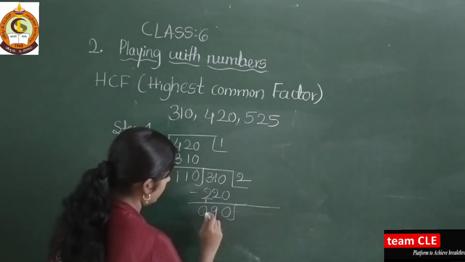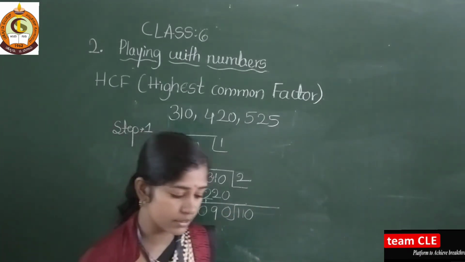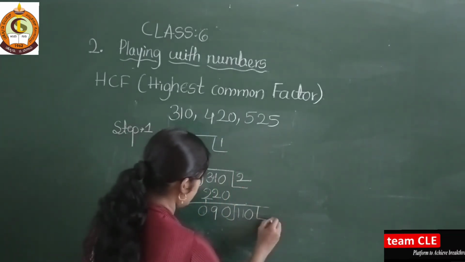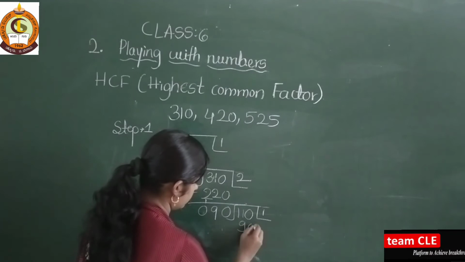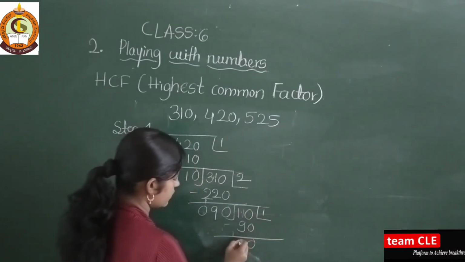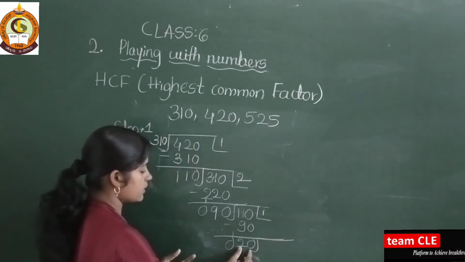Again you take here 110. Okay, so here 9, 2s are the biggest number that will come, so again I will take 90, 1s are 90. Okay, so see here 0 minus 0, 11 minus 9 is 2, 1 minus 1 is 0. Again I got here remainder as 20.